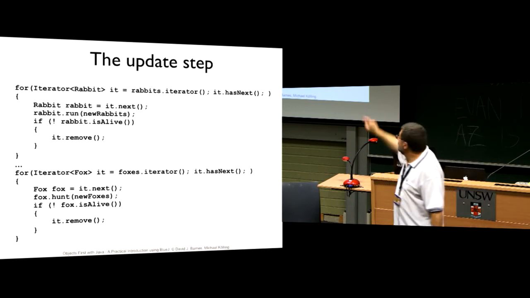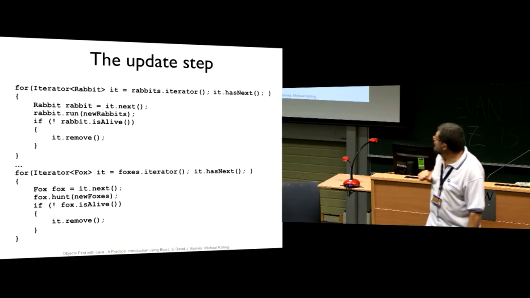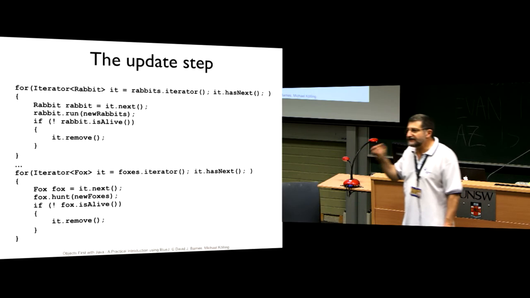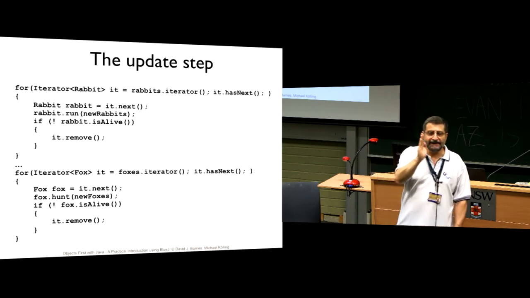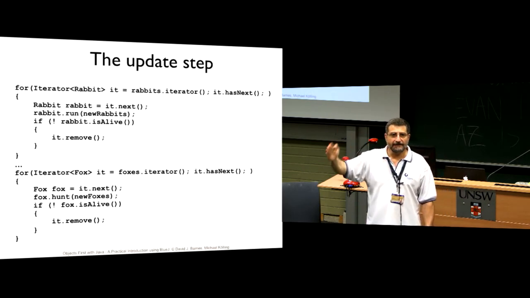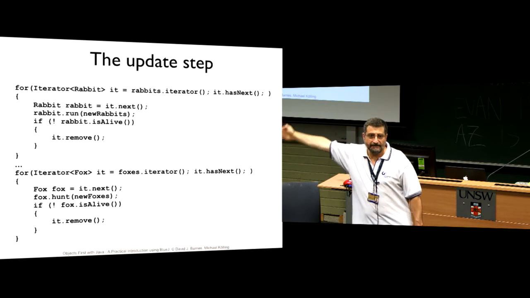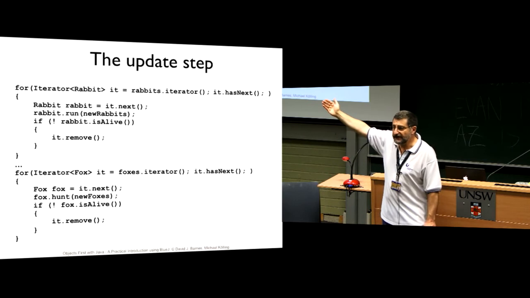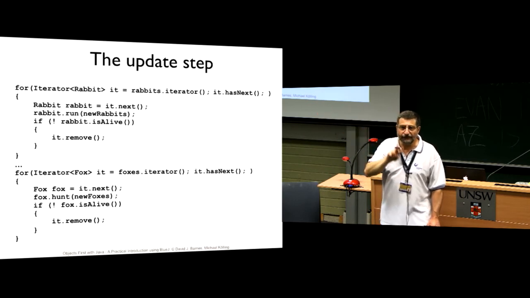The reason is that on the next line, rabbit is assigned it.next, and the next method is automatically advancing the iterator to point to the next element, if there is one. So when we say it.next, it's doing two things.